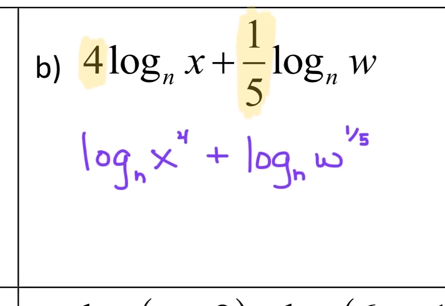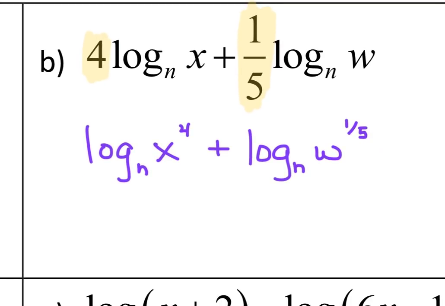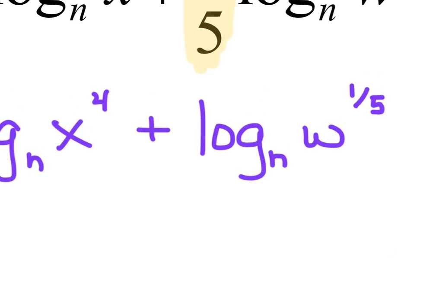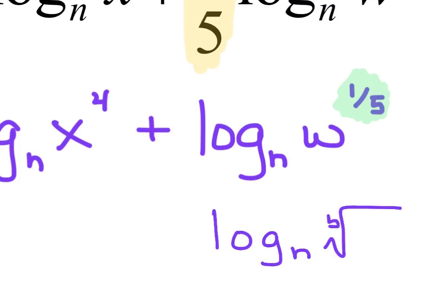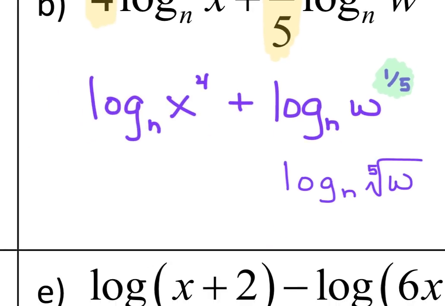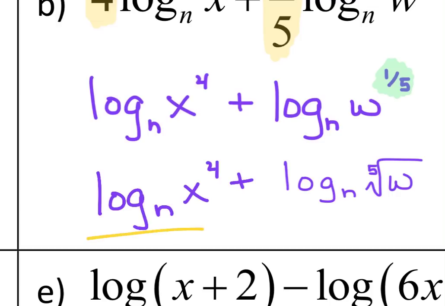Now, I'm also going to point out that when you have a fraction exponent, as we've talked about earlier in this video, that's going to be written as the 5th root of w. And so really this says log base n of x to the 4th plus log base n of the 5th root of w. And now I've got log plus log.